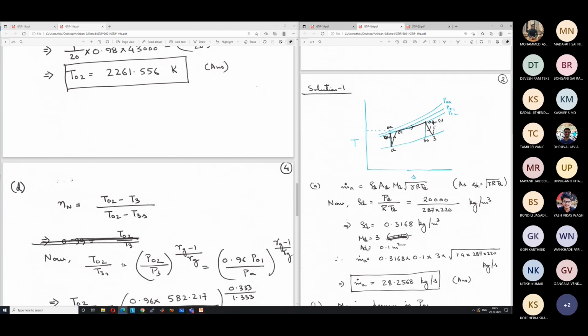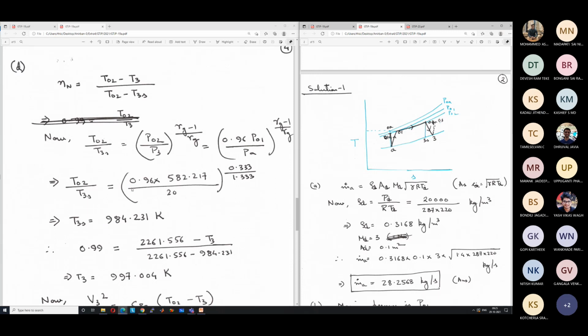So T02 by T3s for this isentropic process is equal to P02 by P3 whole to the power gamma minus 1 by gamma, where gamma is the gamma of gas, 1.333. Here, if you take 1.33 instead of 1.333, you will get a big error in the final values. So this is equal to 0.96 into P01 by Pa whole to the power gamma g minus 1 by gamma g.